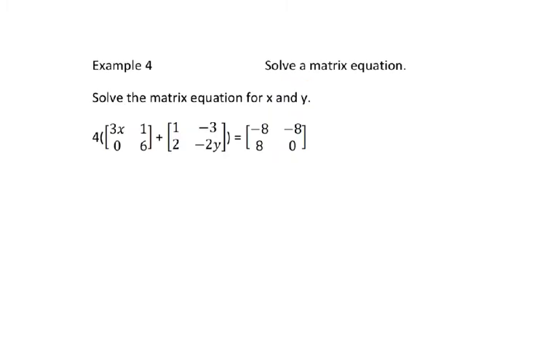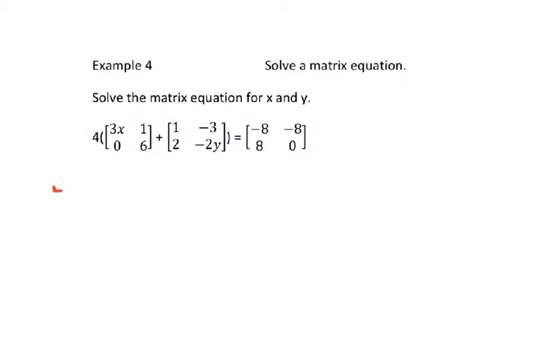And finally, we have something really big and messy looking called a matrix equation. But really all we have to do is simplify everything on the left side and then compare it to the elements on the right side to solve. Easier said than done, but we'll go ahead and we will deal with the parentheses first.